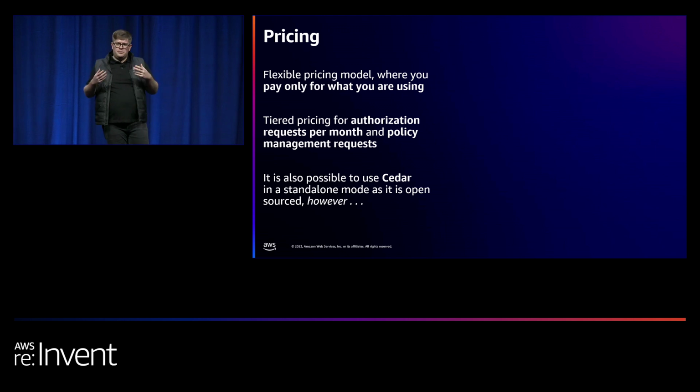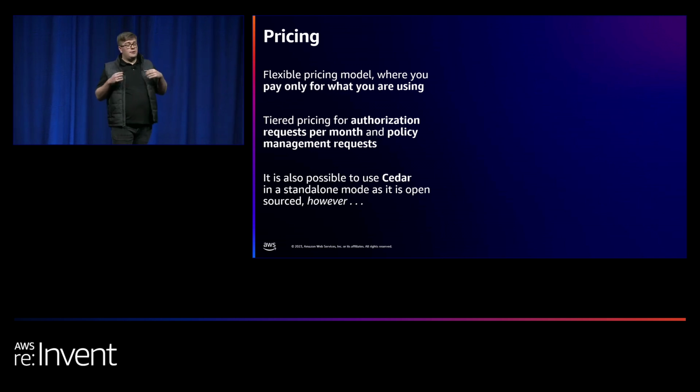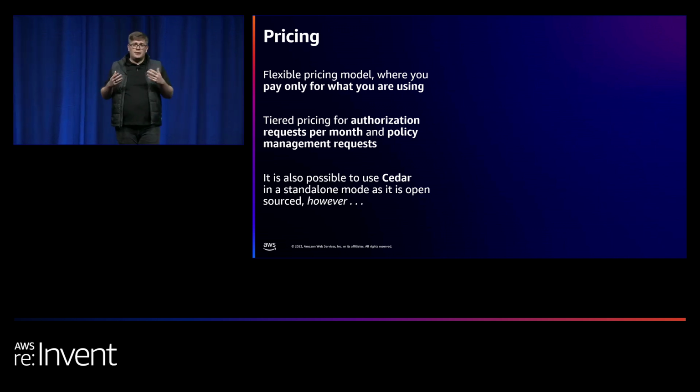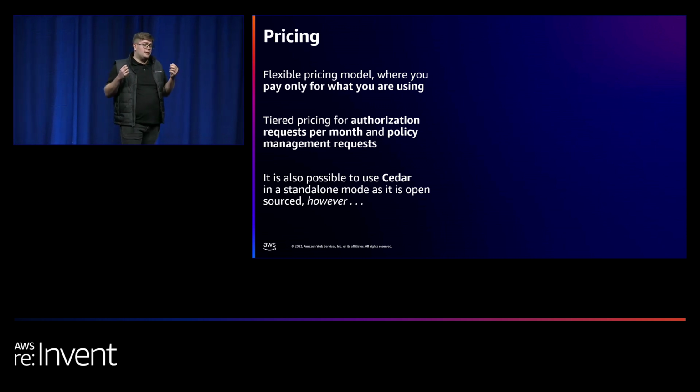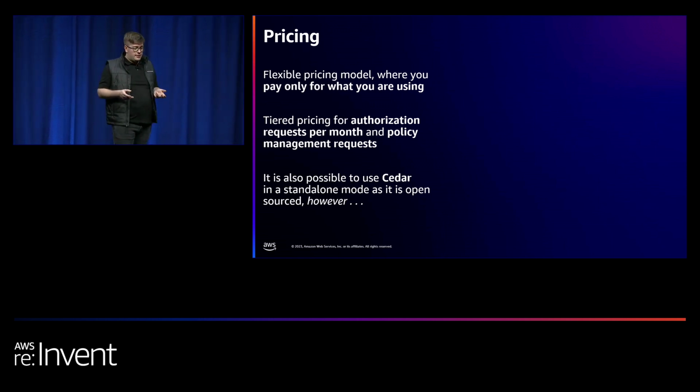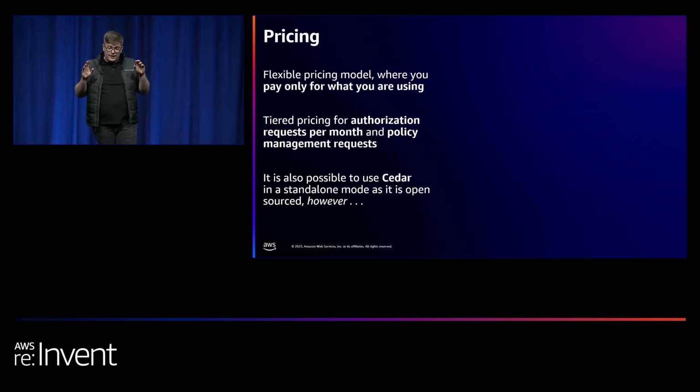Those costs are very minimal because you won't often change those policies. And the second cost is authorization cost. So this is IsAuthorized API calls as well as BatchIsAuthorized. If you would like to decrease some costs, you can easily use BatchIsAuthorized and just use one request which consists of a batched request within a single request.